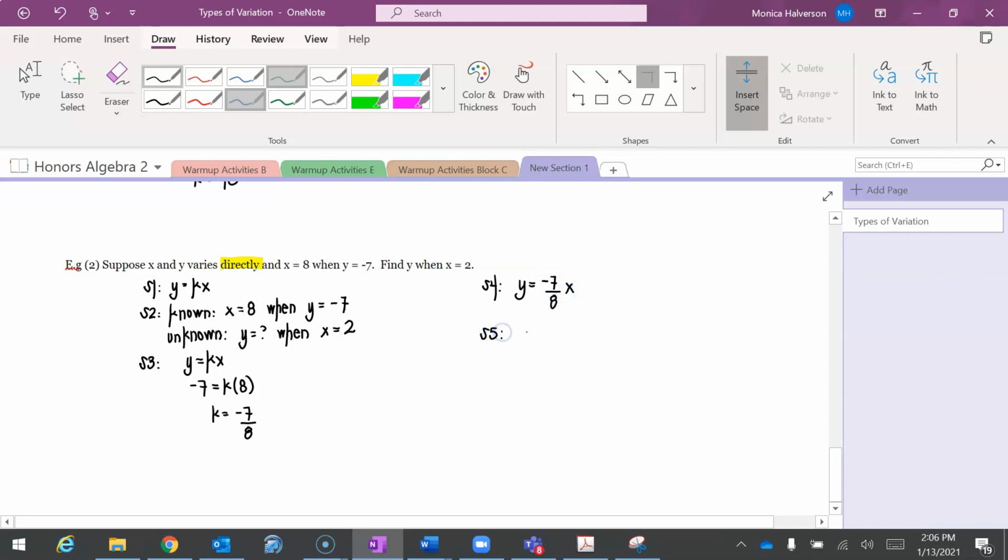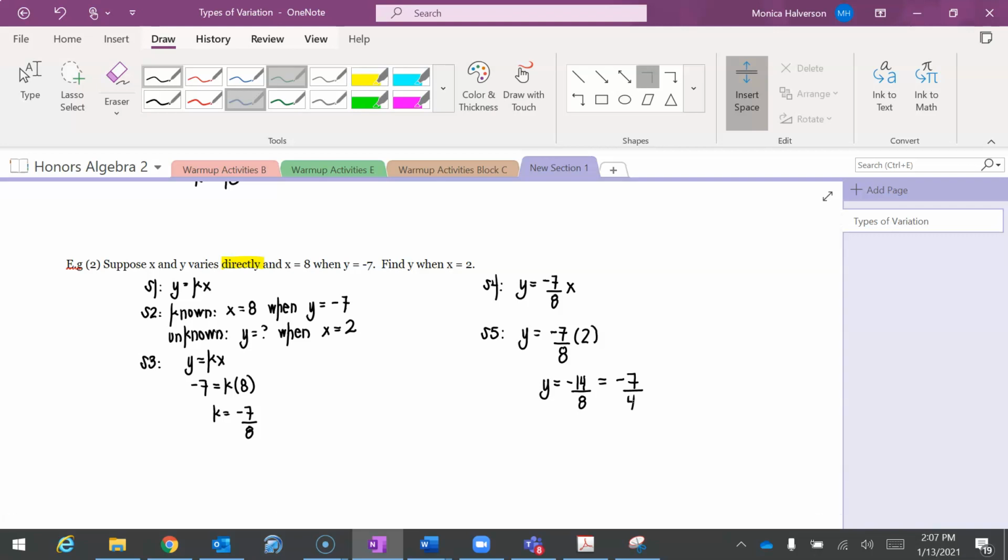And then we're going to plug in our unknown pair to find the unknown. So we get negative 14 over 8, which equals negative 7 over 4. And y equals negative 7 over 4.